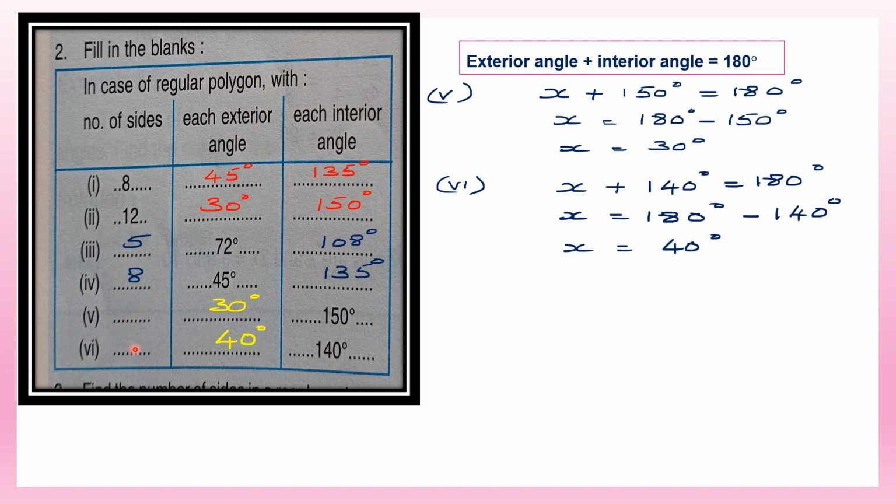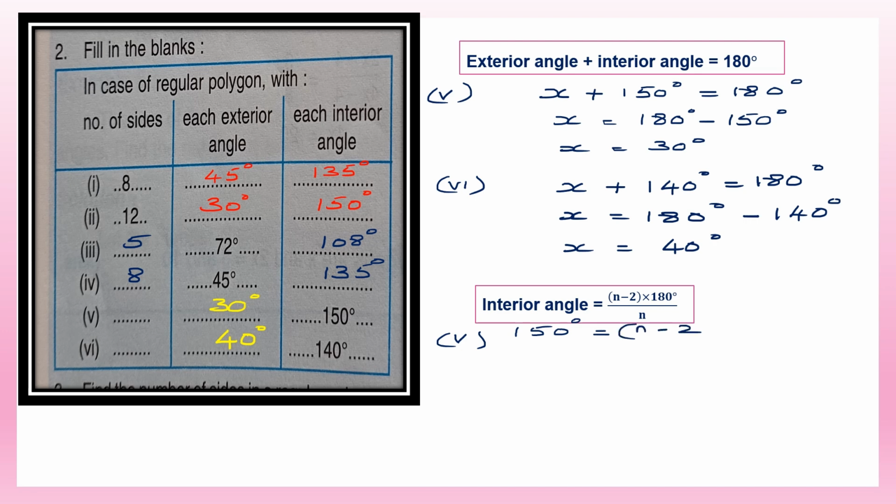Now we have to find the number of sides for both 5 and 6. So let's use this formula and find out. For the fifth one, interior angle is 150 degrees. This is equal to (n minus 2) into 180 degrees divided by n, where we don't know what n is.